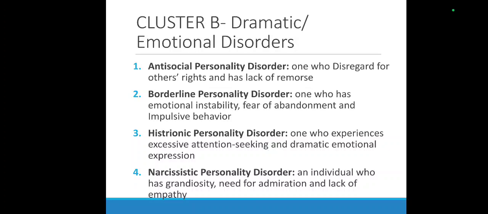For cluster B, we have the dramatic or emotional disorders. We have antisocial personality disorder, the one who disregards others' rights and has a lack of remorse. These are persons who kill, or inflict pain on other people, without feeling any remorse.